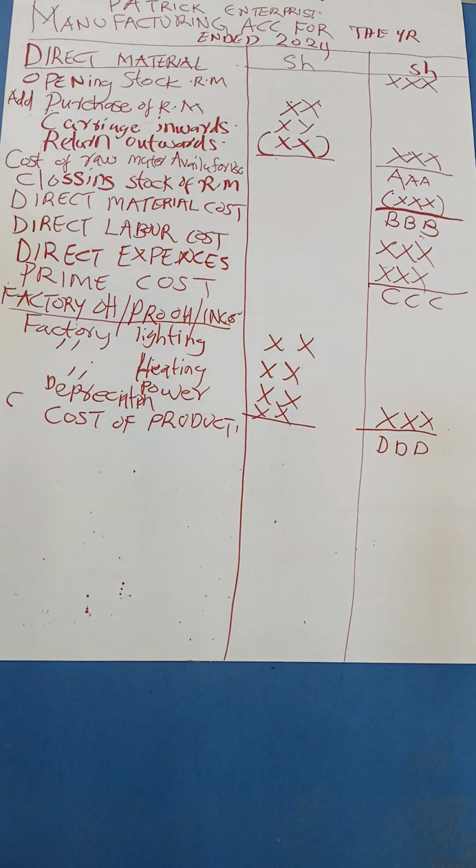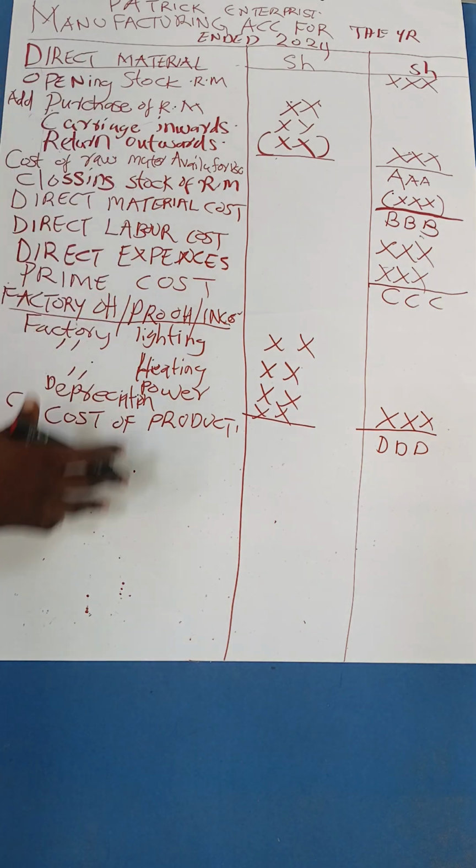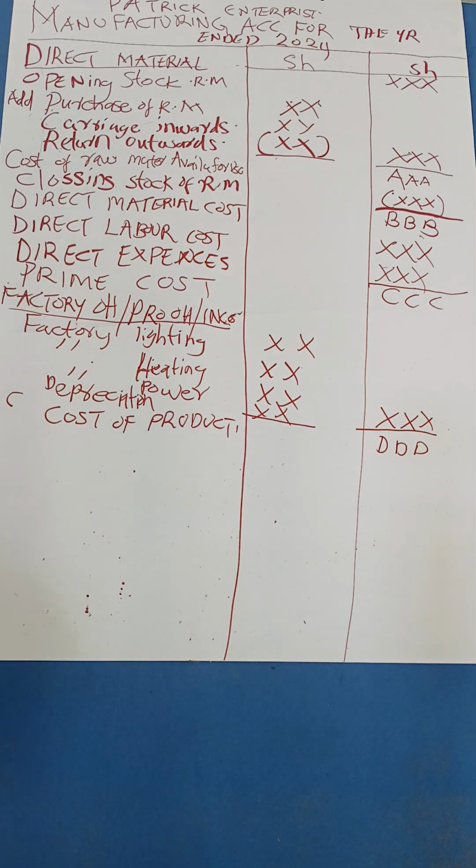These are just materials, labor, and overhead which are in the process of manufacturing. At the end of the day, we will have closing work in progress.